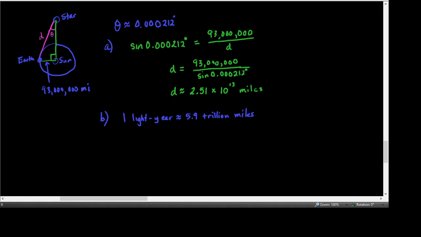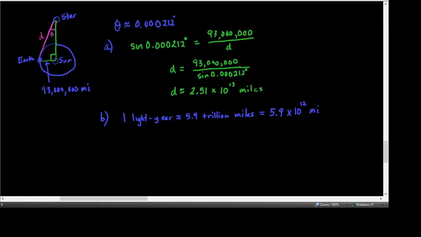So, can you write that in scientific notation, that 5.9 trillion? Try that. Okay, what you should have written is 5.9 times 10 to the 12th. That's what that is. Okay, so miles.